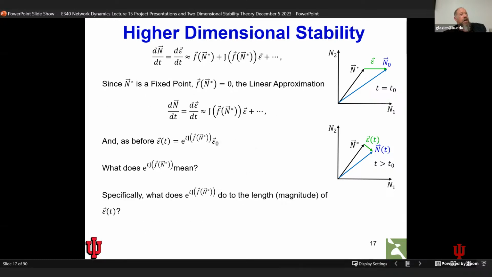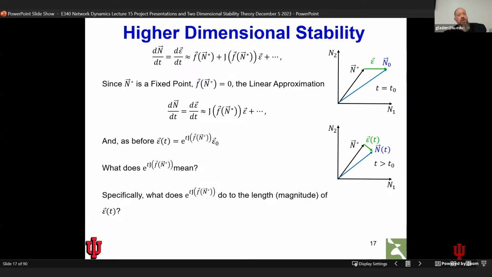And if I had more time, I would walk you through all of the linear algebra here. But the question then is, what happens to the length of your little displacement vector? And it winds up that the displacement vector is the exponential of time times the Jacobian matrix times the initial vector.